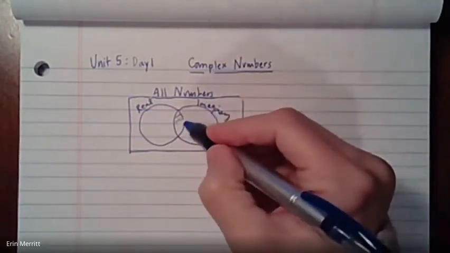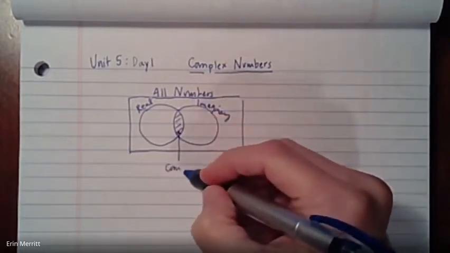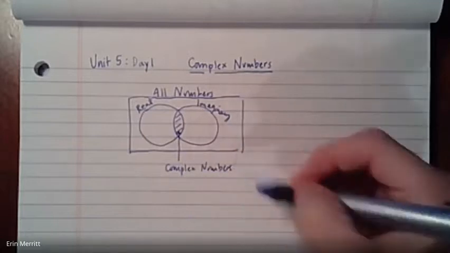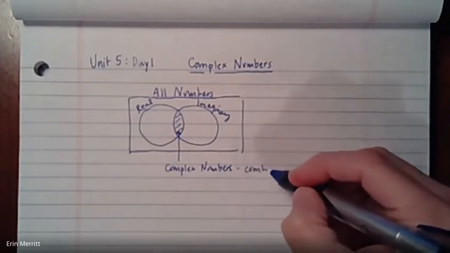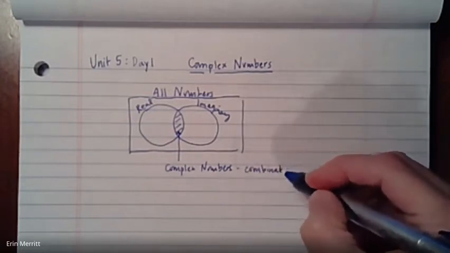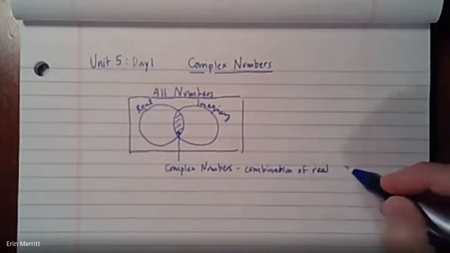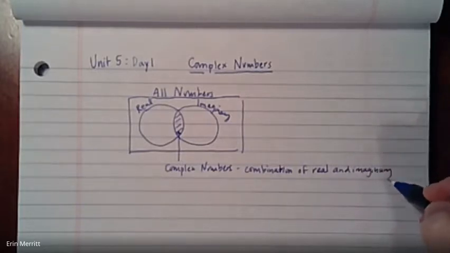And then in the middle here, those are called complex numbers, which are a combination of the two, all right? So they are a combination of real and imaginary.